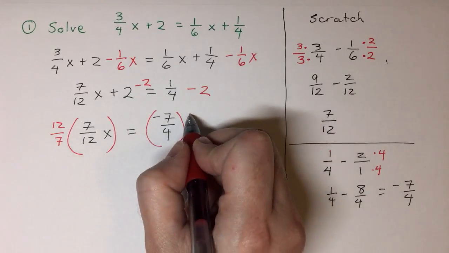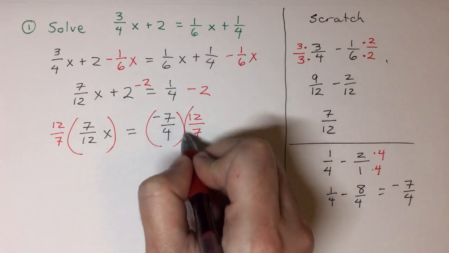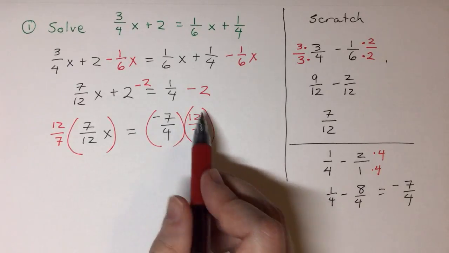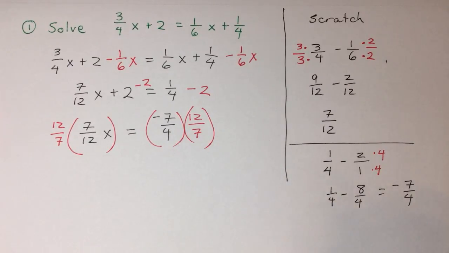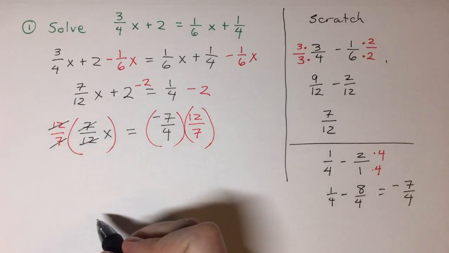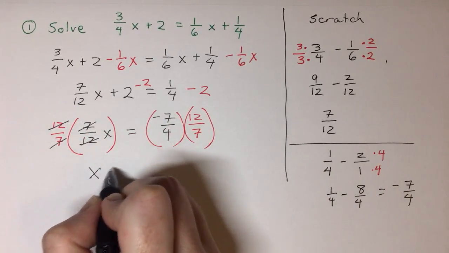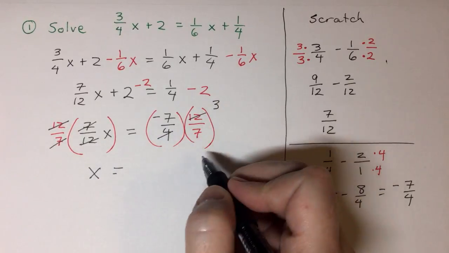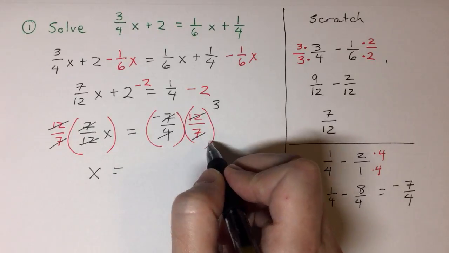What I did to one side, I have to do to the other side. Be careful here. If this is multiplication and you've got a sign, be sure you're using the parentheses. The 12s cancel, the 7s cancel, leaving behind 1s, so I have 1x. Here, 4 goes into 12 3 times, and 7 goes into 7 1 time.